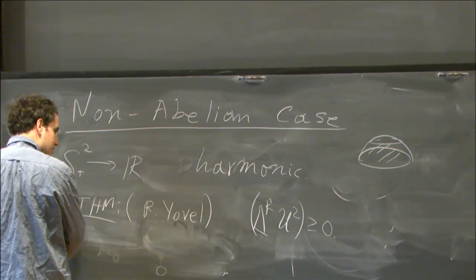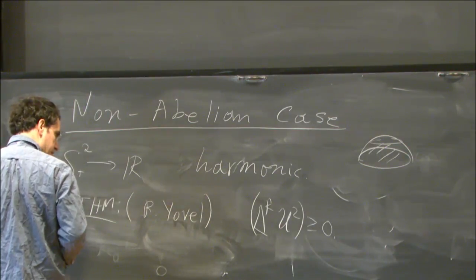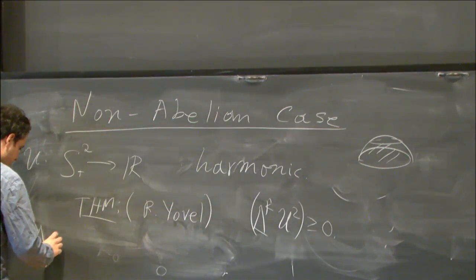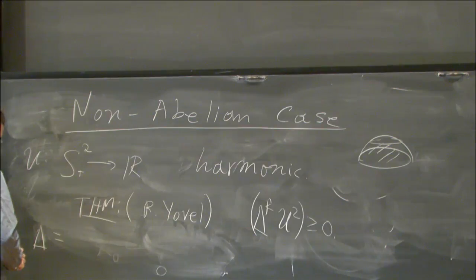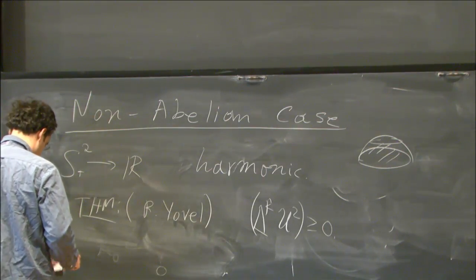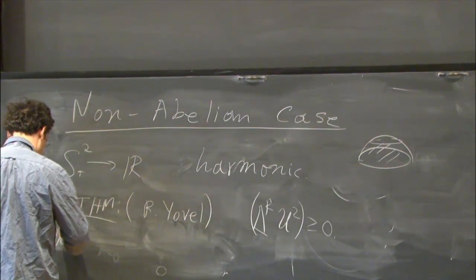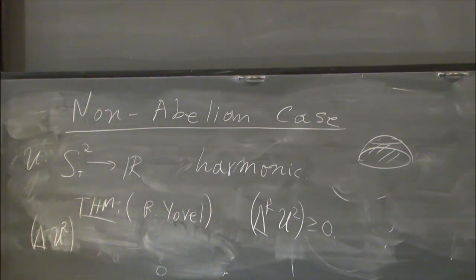So in fact, it is true also on the sphere that if you take a harmonic function, then it cannot be written as the sum of squares of two harmonic functions, but it can be written as the sum of three harmonic functions squared.